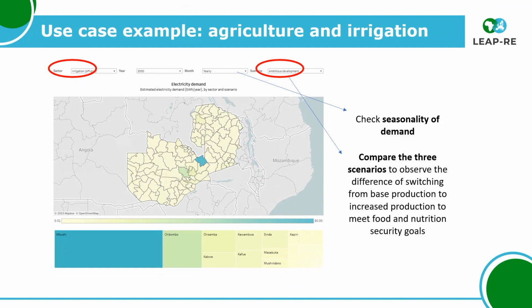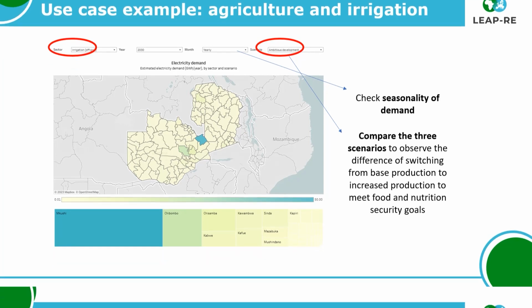Then we can also connect to the electricity demand dashboards to get a sense of what the associated water pumping energy requirements could be to pump water and distribute it to the fields in different scenarios, comparing different levels of ambition and different future years, and having a closer look also at the seasonality.